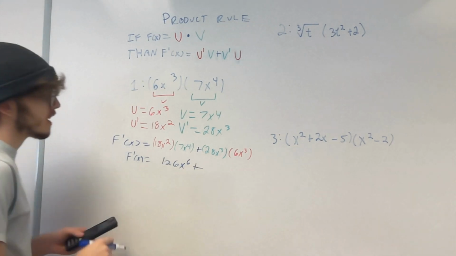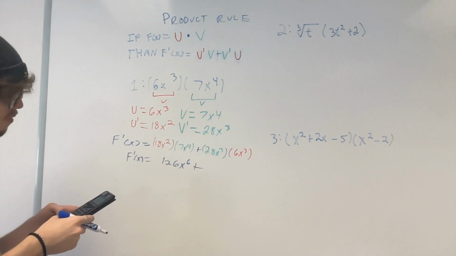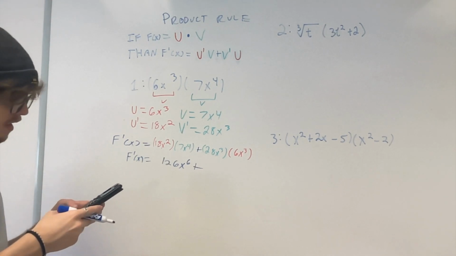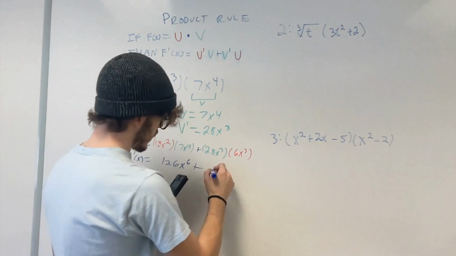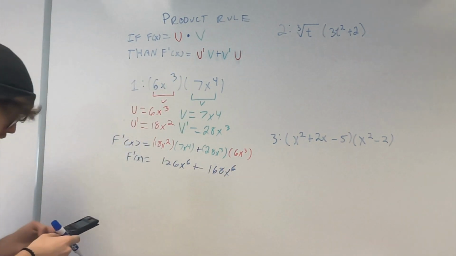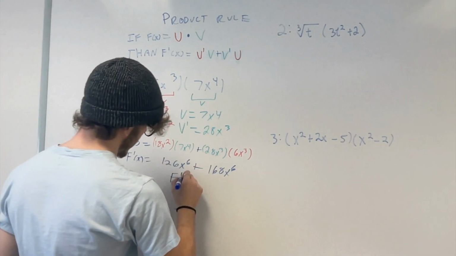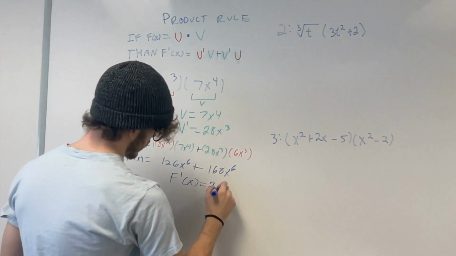So 126x to the 6 is the product of that. The product of 28x to the third times 6x to the third is 168x to the 6. So we have like terms here. We can simply add them together, and we see that f prime of x is equal to 294x to the 6.